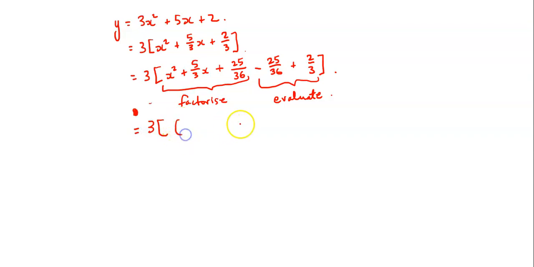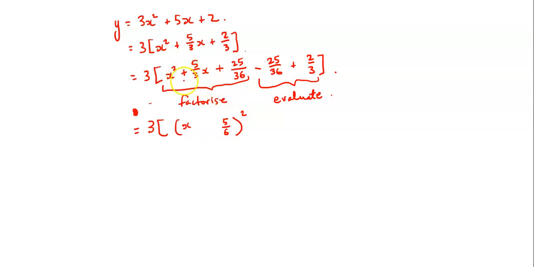Now factorize the first 3 terms, put our brackets here. We're going to get a perfect square. We take the square root of the first term, x squared, which will be x. Then the square root of the last term, 25 over 36, would be 5 over 6.